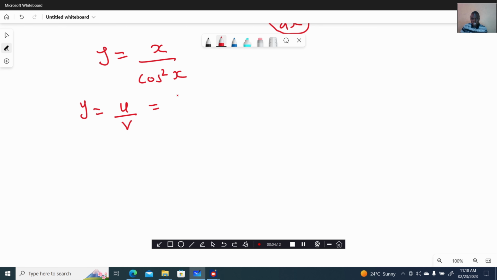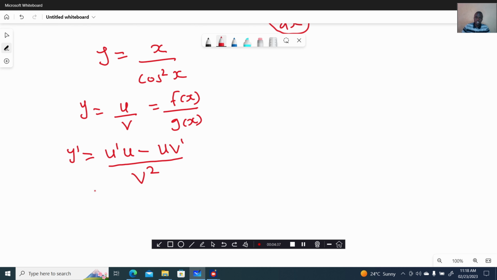We can also say it's in the form f of x divided by g of x. So y prime is: you take the first function, differentiate, multiply by the second function, minus, you differentiate the second function, multiply by the first function, divided by v squared, that is the function in the denominator.